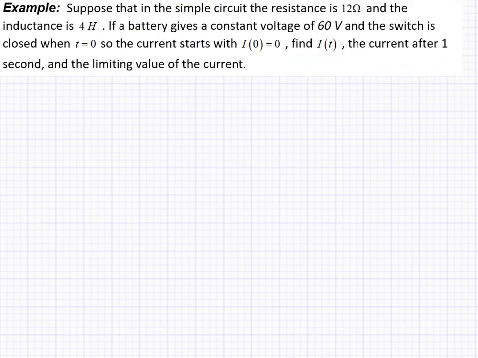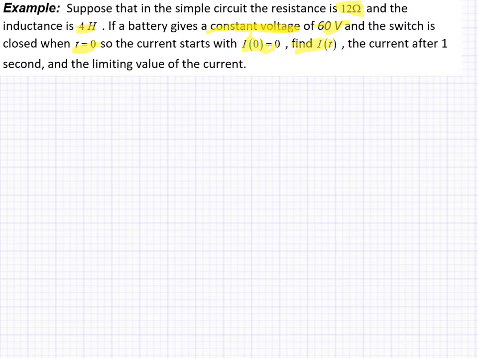So here's an example. Suppose we have a simple circuit. The resistance is 12 ohms. The inductance is 4 henries. If the battery gives a constant voltage of 60 volts, and the switch is closed when t equals 0, so the current starts with I of 0 equals 0, find I of t.